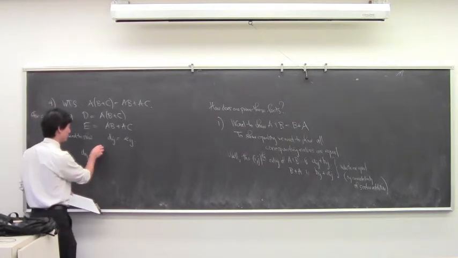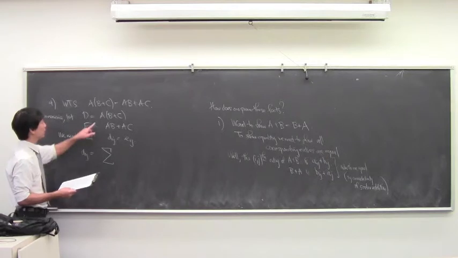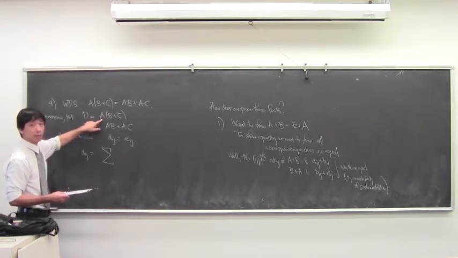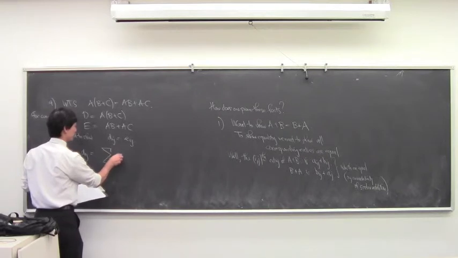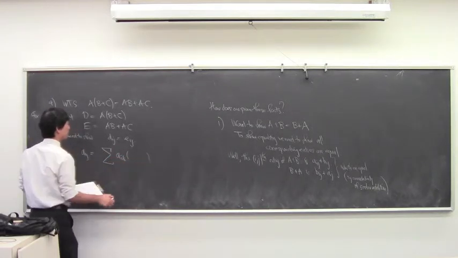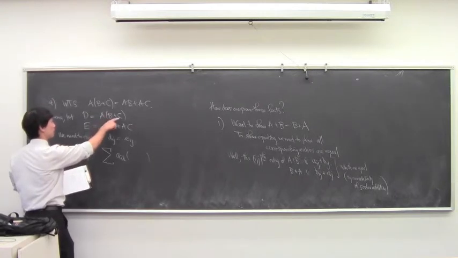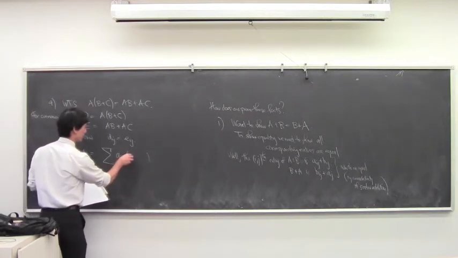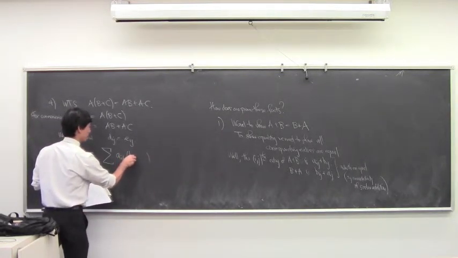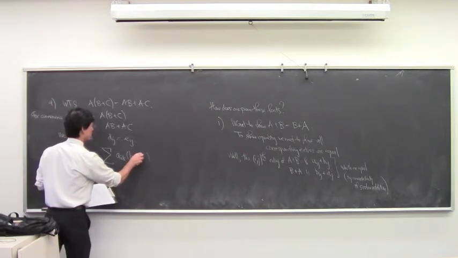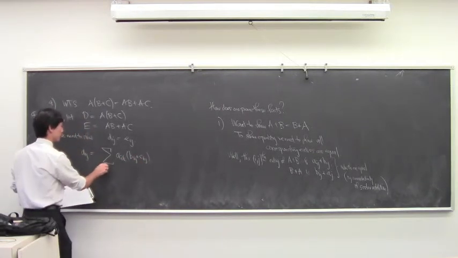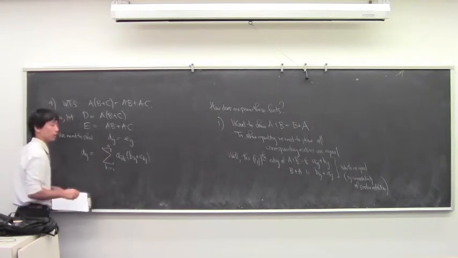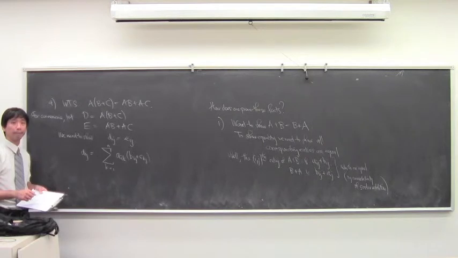Well, from our knowledge of multiplication, it's going to be A's ith row against B plus C's jth column. So we're going to get the sum over k of Aik times (Bkj plus Ckj).